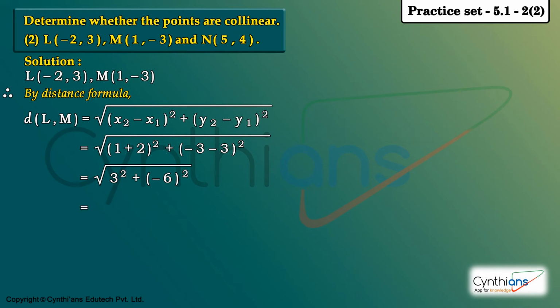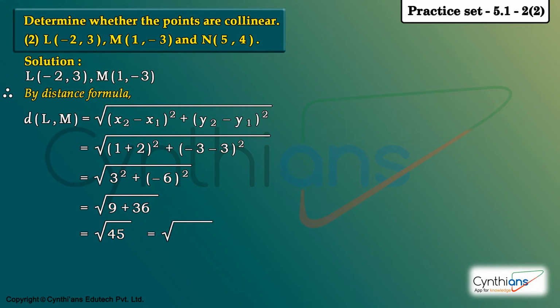Next step, equal to square root of 3 square is 9 plus minus 6 square, which is minus into minus plus, 6 into 6 is 36. So this is plus 36. Equal to square root of 9 plus 36 is 45. So square root of 45. Is it a perfect square? No, it is not. So we need to factorize this.